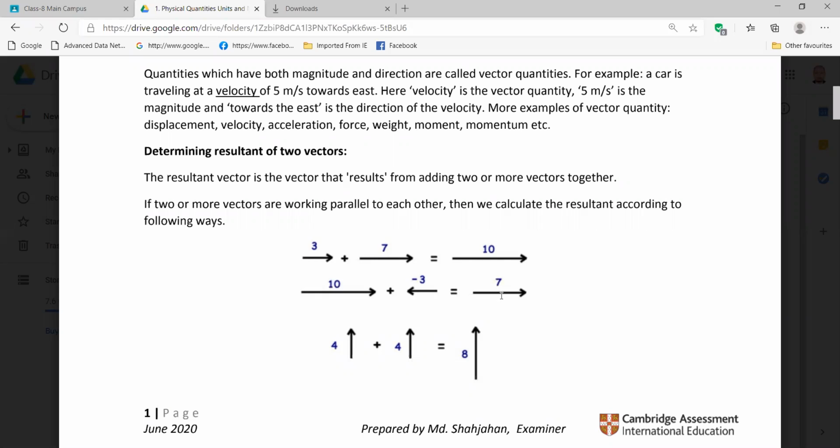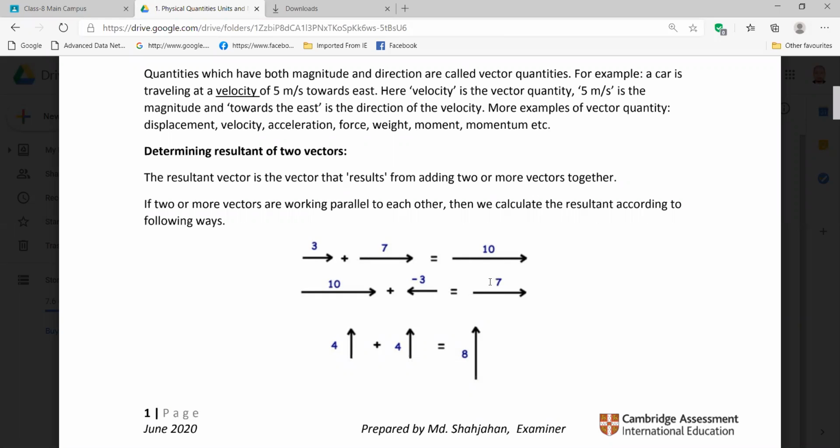As we are considering the direction, that's why the resultant is coming 7 here. If we are not considering the direction, then the sum or the addition of that should be 13. Is it clear to you? Sir, if both arrows were in the same direction, then it would be 13, right? Yes. For vectors.